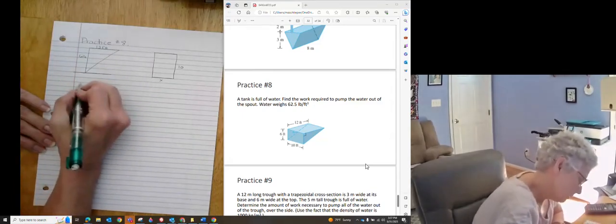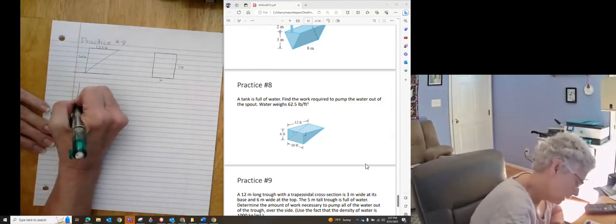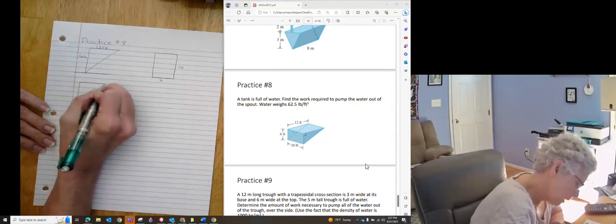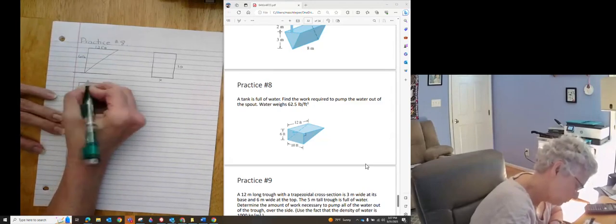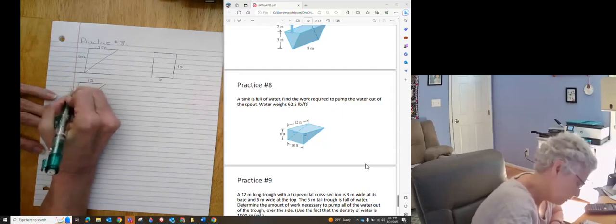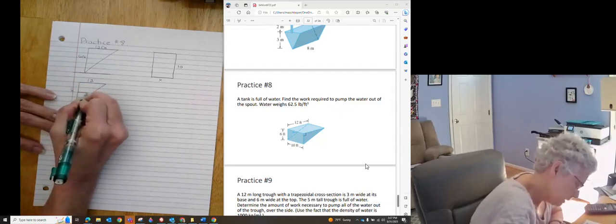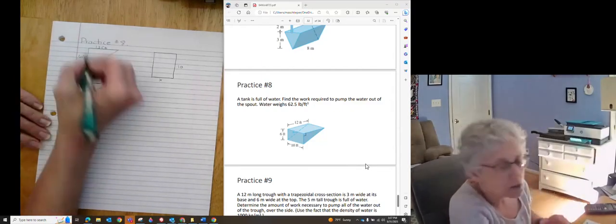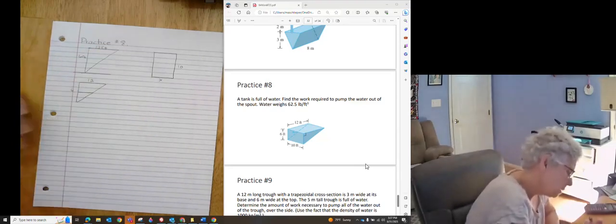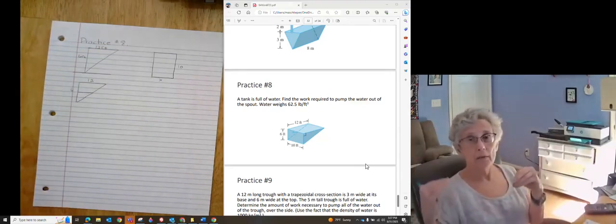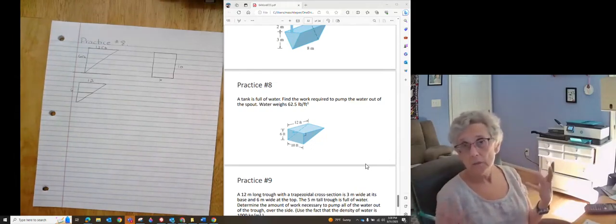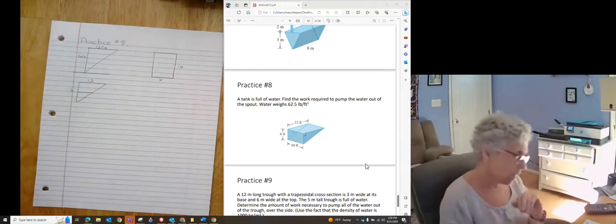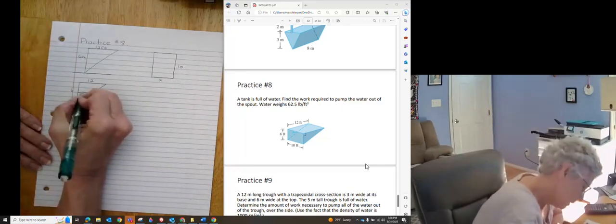So here I'm going to once again draw my similar triangle. 12 and 6, the water level is going up, and the spout's just at the top here. So the water level and the distance are going to be the same because we just have to get to the top of the tank.